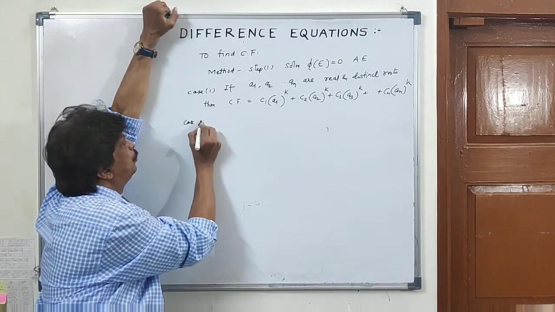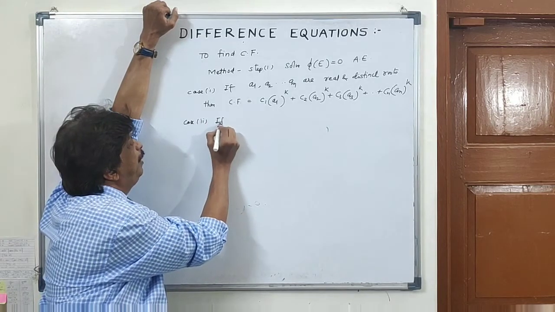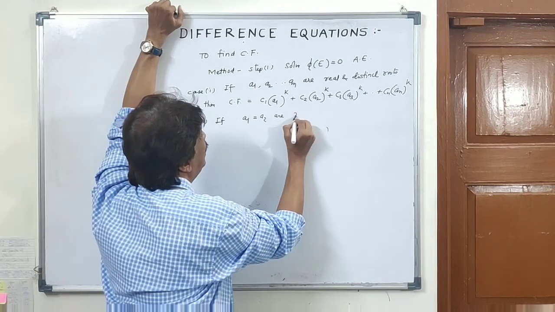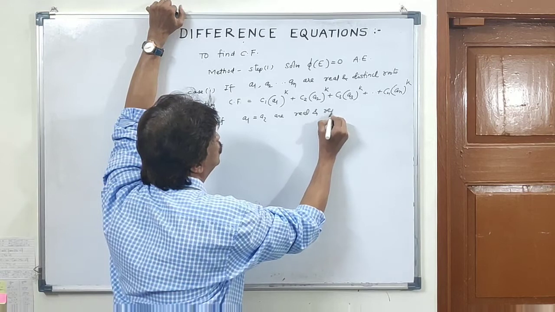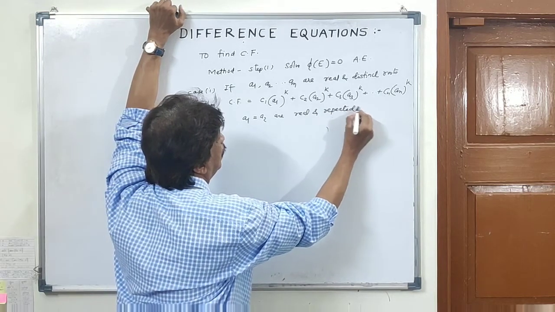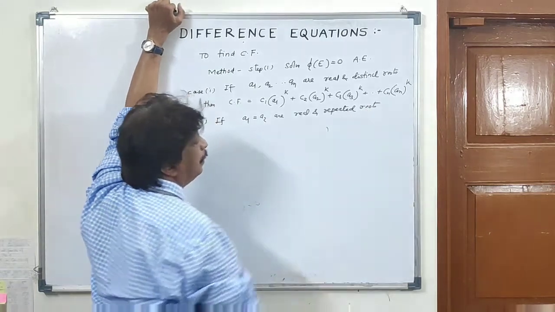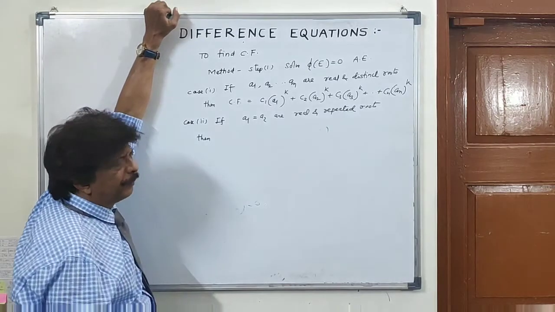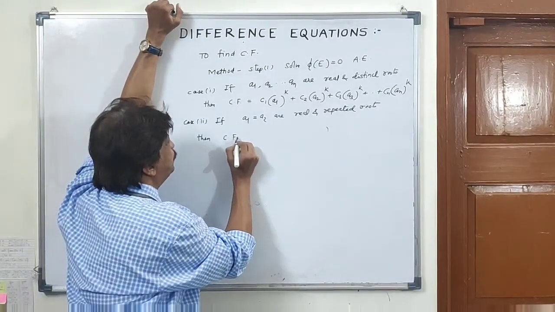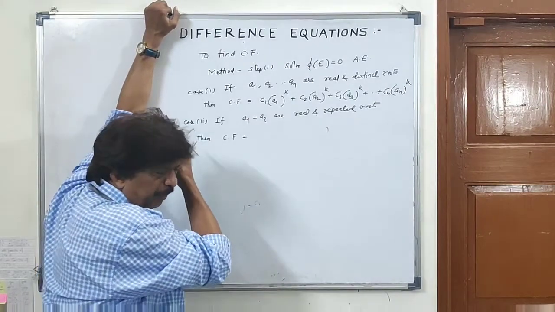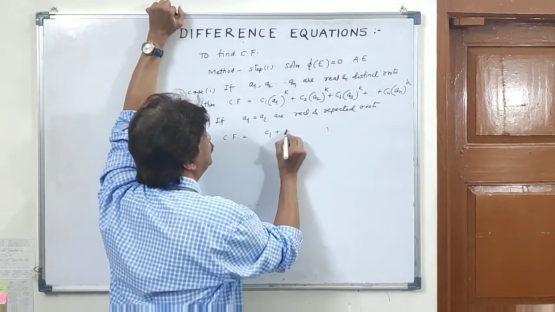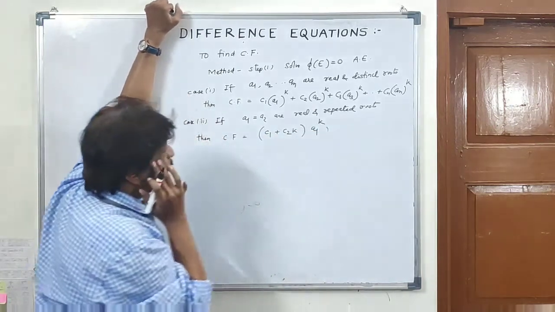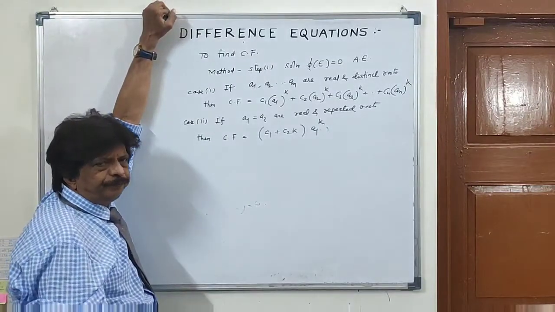Case 2. If a1 is equal to a2 are real and repeated roots, then CF is equal to C1 plus C2 k into a1 raised to power k is the complementary function.